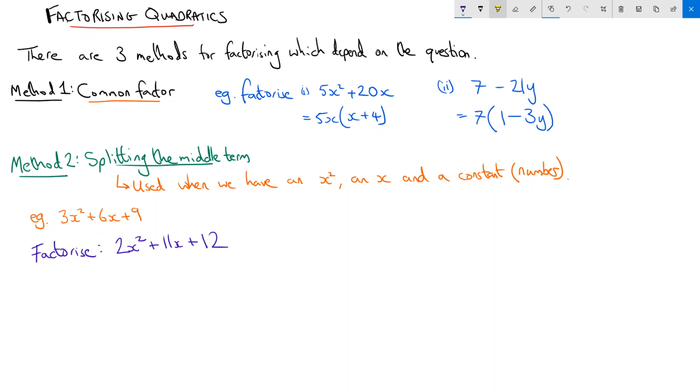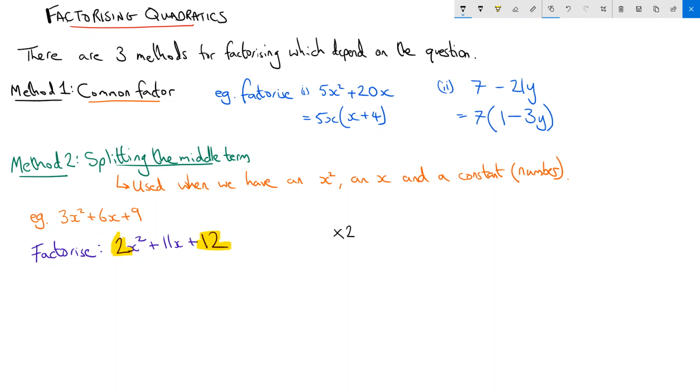All right, now the first thing that we're going to do is look and see what is the number in front of the x squared. 2. And what is the number at the end? 12. 12, okay? We are going to take those two numbers and multiply them together. What do we get when we do that? 24, okay?